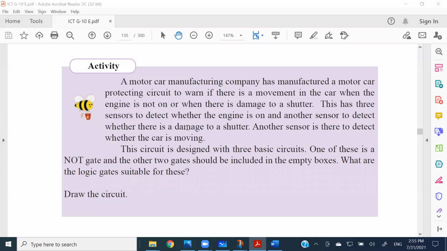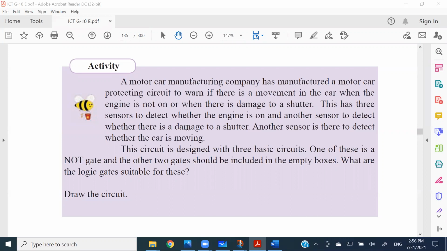This has three sensors to detect whether the engine is on and another sensor to detect whether there is damage to a shutter. Another sensor is there to detect whether the car is moving. The circuit is designed with three basic circuits. One of these is a NOT gate and the other two gates should be included in the empty boxes. What are the logic gates suitable for these?